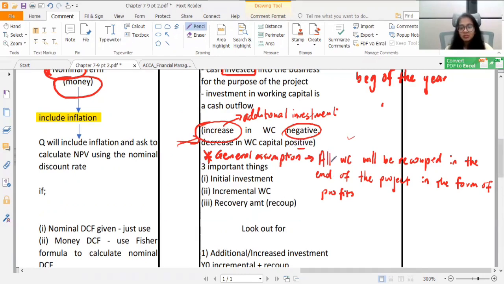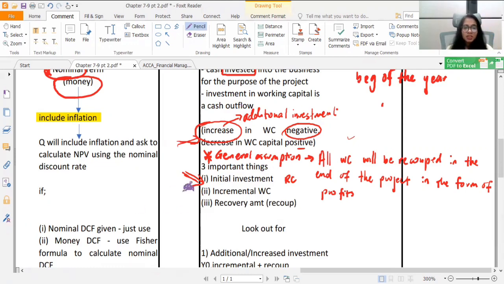So the three concepts that you need to understand in relation to working capital, okay, is that whenever there is an initial investment or an additional investment in working capital, these are relevant costs. Why? Because this is an additional investment amount specifically incurred due to your company taking on the project.